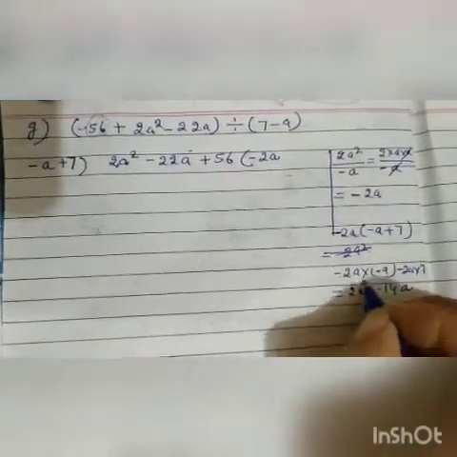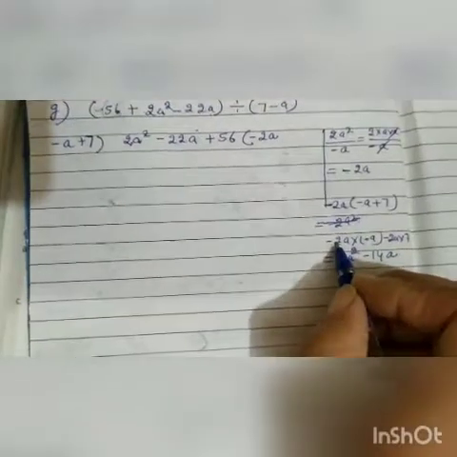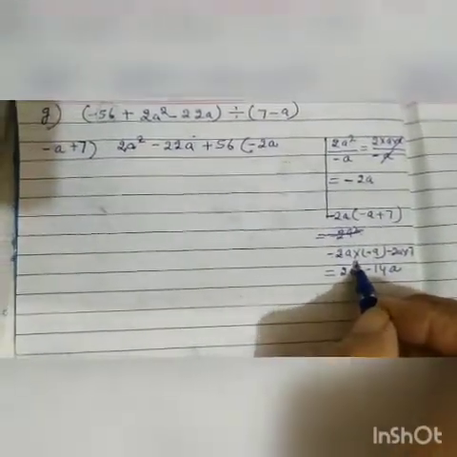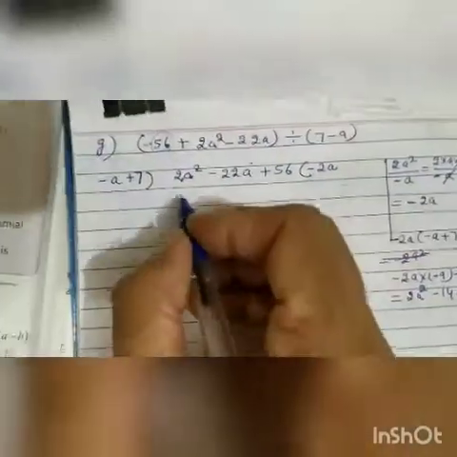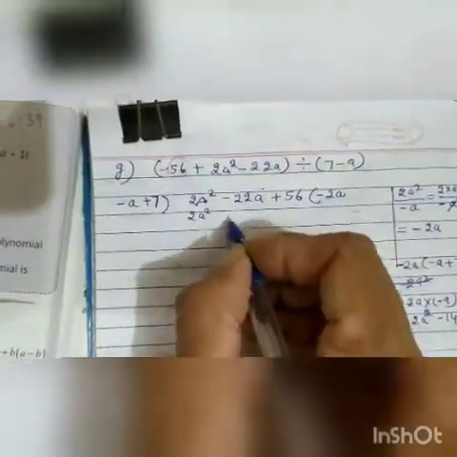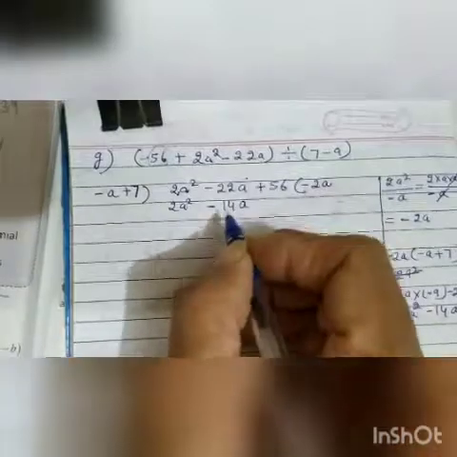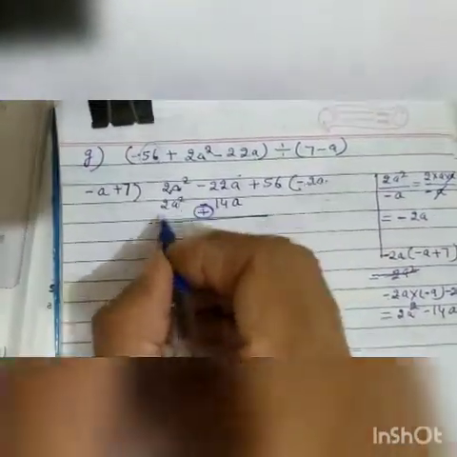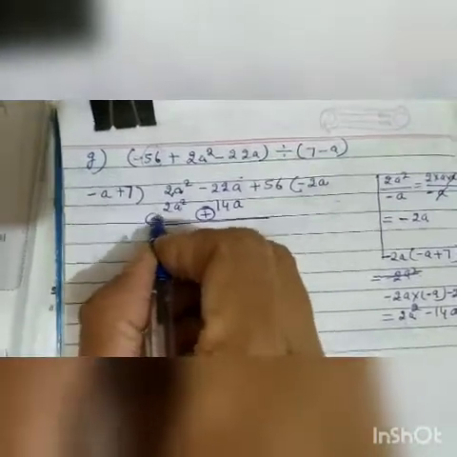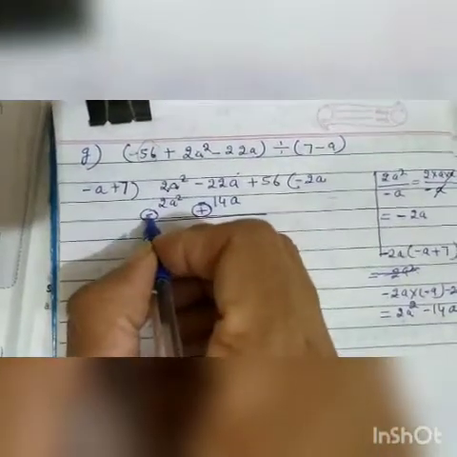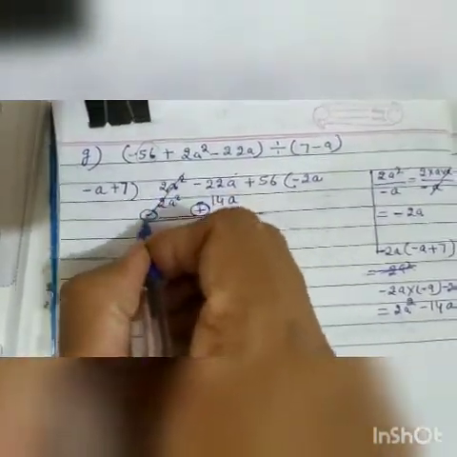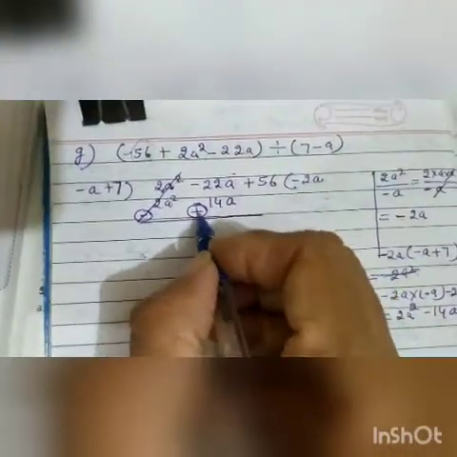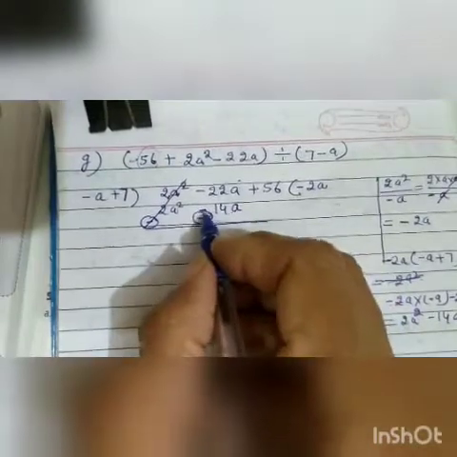So we will write 2a square minus 14a here. Change the sign, it will become minus and plus. Plus 2a square minus 2a square cancelled, minus 22a plus 14a. It will be considered now plus 14a, not minus 14a.